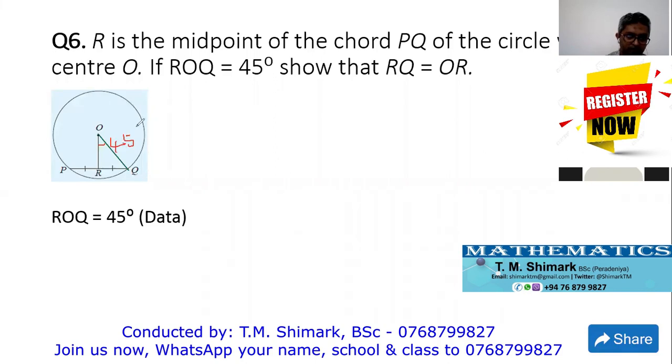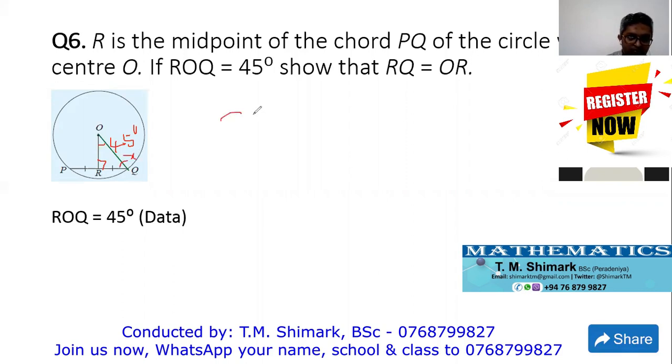Okay. Now we know that this is a chord, which means OR is perpendicular. Why perpendicular? Because it bisects, the midpoint. So 90. So this is 45. In a triangle, you add all three angles, and this angle X is going to be 180.